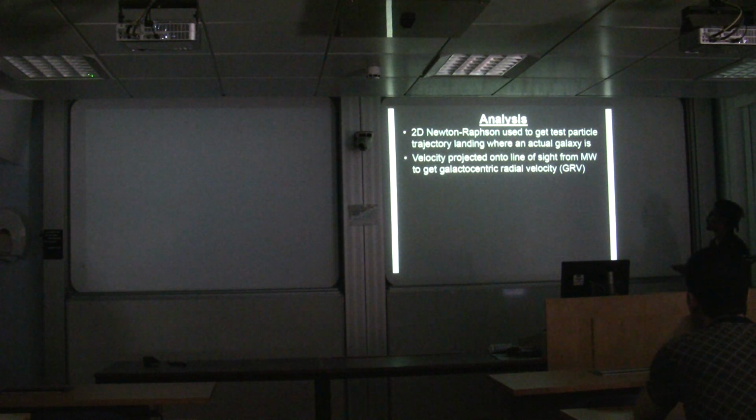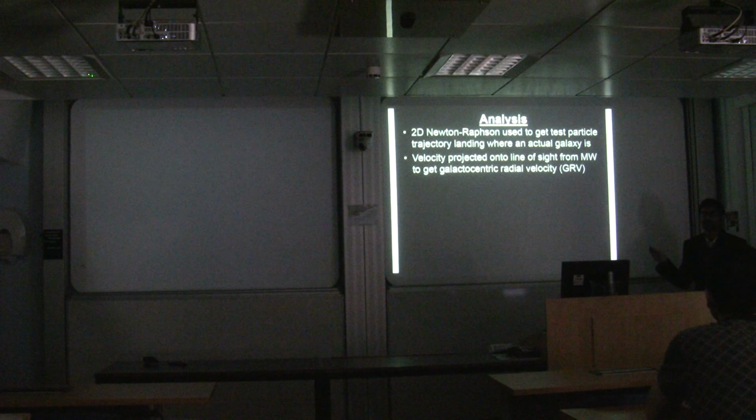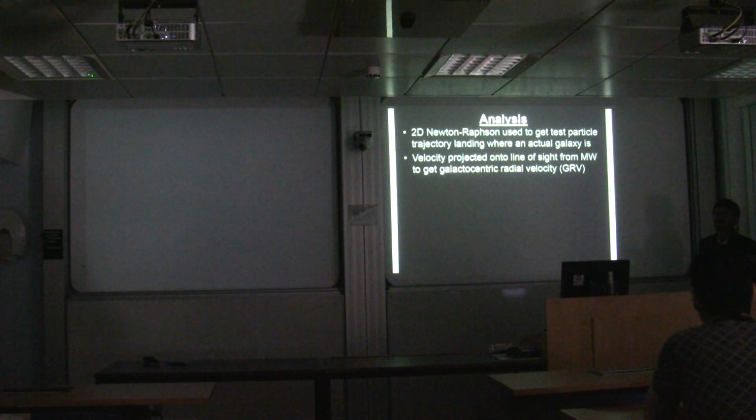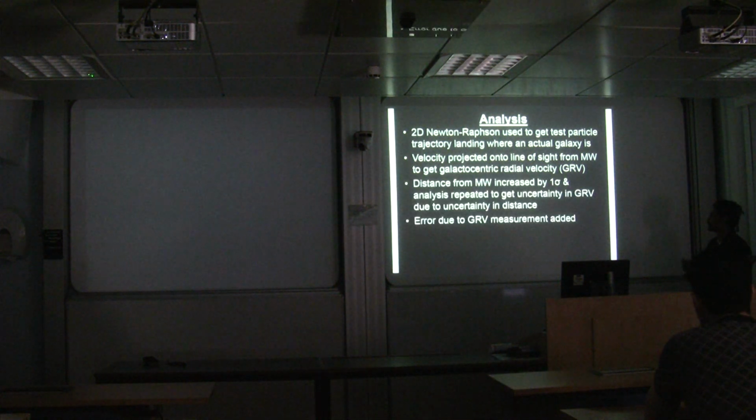And then you project that onto the line of sight because we only really have the radial velocities. In the future, we might have proper motions, but for now, we get the galactocentric radial velocity. There are some other corrections for the motion of the Sun in the Milky Way and so on to get the heliocentric one.